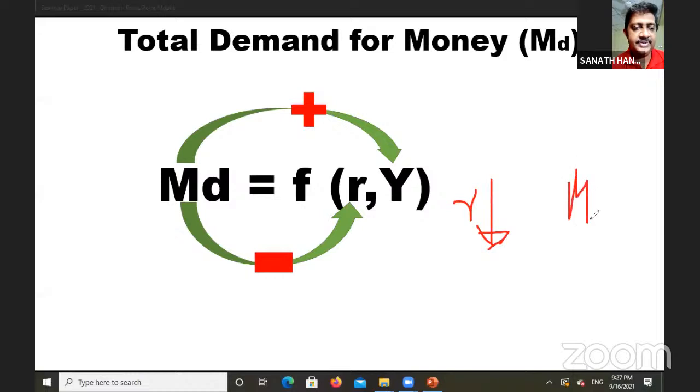So money demand is high. If the interest rate is high, you invest your money. So you don't have money in your hand.